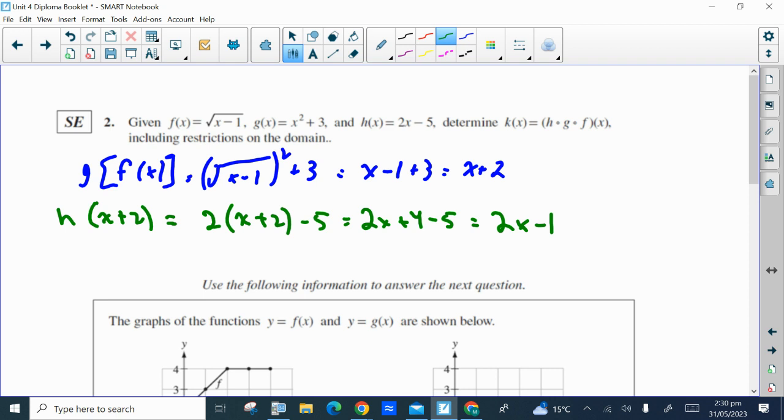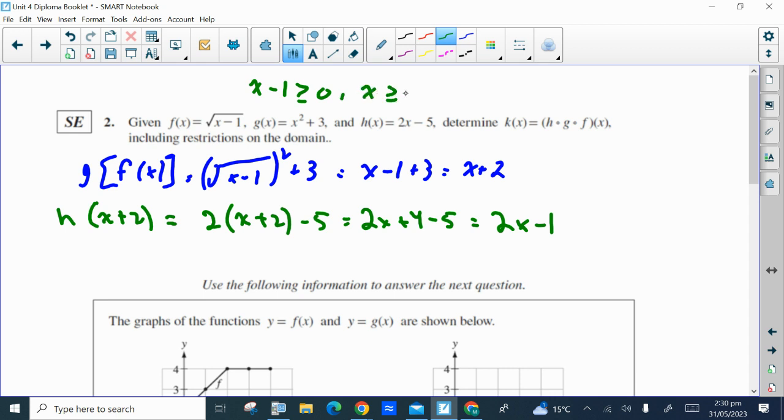It also asks us to state restrictions on the domain. And to do that, you have to again look at the original equations. And the only part of this that will have restrictions on x is the first one. Because you cannot take the root of a negative number, x minus 1 has to be greater than or equal to 0. You can take the square root of 0, but not a negative number.